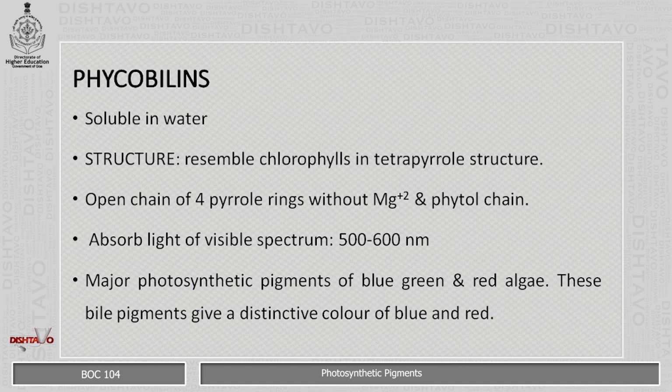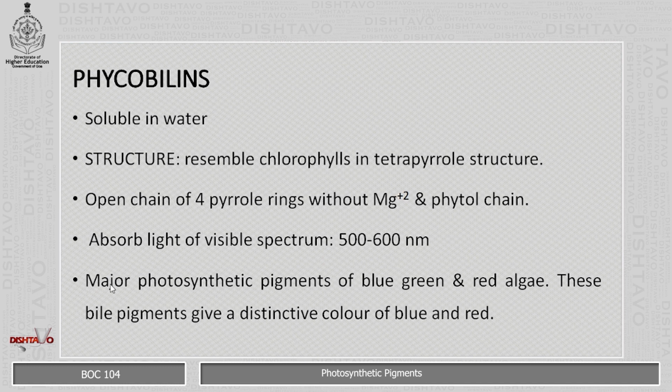We now come to phycobilins. Phycobilins are soluble in water. When we study the structure of phycobilins, they resemble chlorophylls in the tetrapyrrole structure. They have an open chain of 4 pyrrole rings but without magnesium and the phytol chain. Phycobilins absorb light in the visible spectrum at 500 to 600 nanometers.